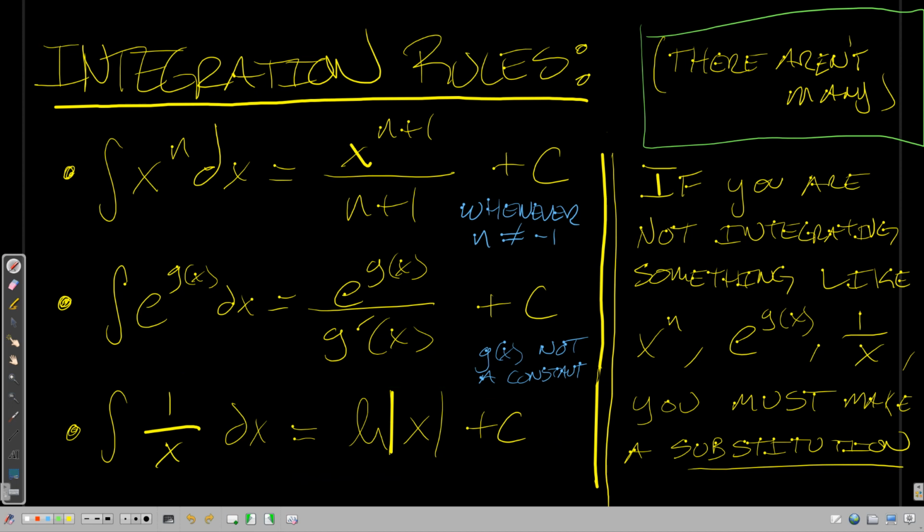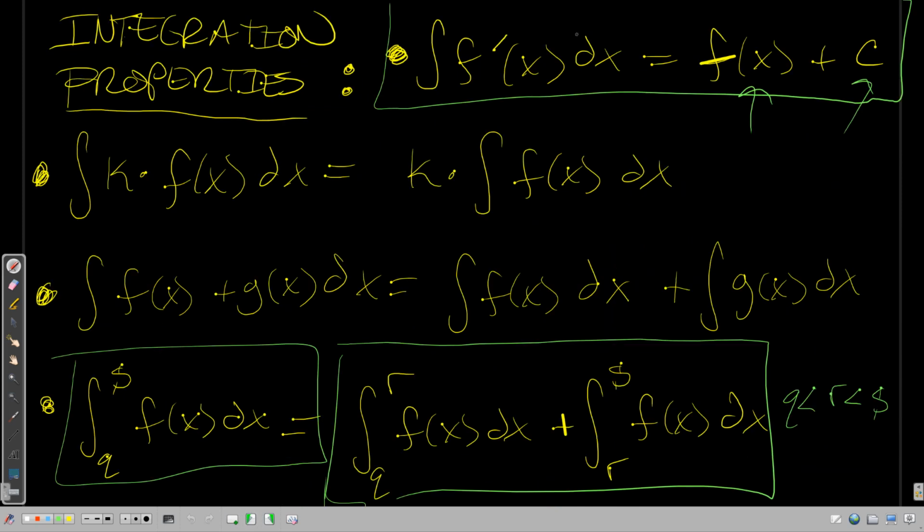And the antiderivative is the natural log of the absolute value of x, because the derivative of the natural log of the absolute value of x plus c is, well, I mean, it's 1 over x, so you get back here. And that was what property? That was this one.